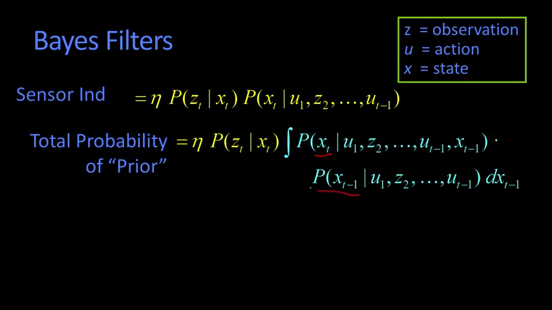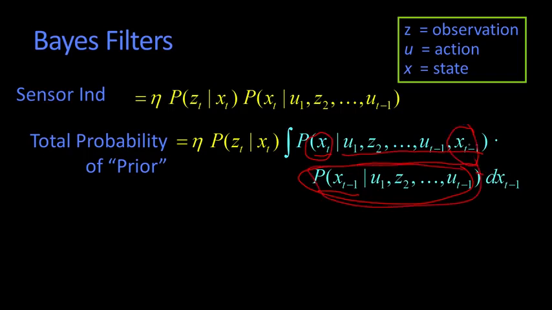If we sum up over all those possibilities the probability of going to xt from xt minus 1 times the probability of xt minus 1, that will be the prediction. That will be the prior.